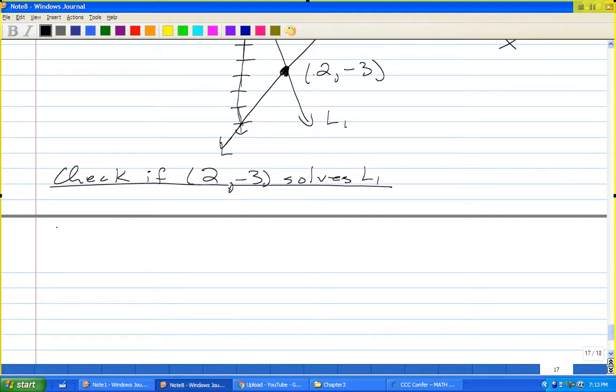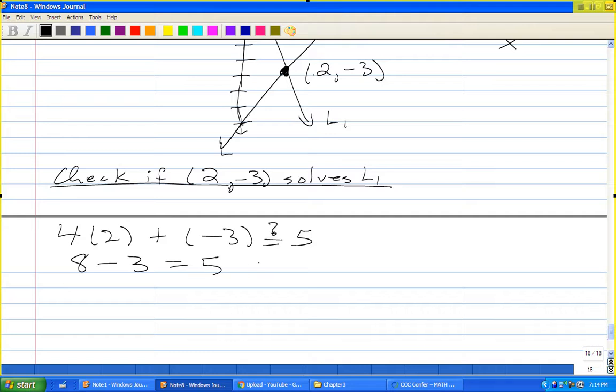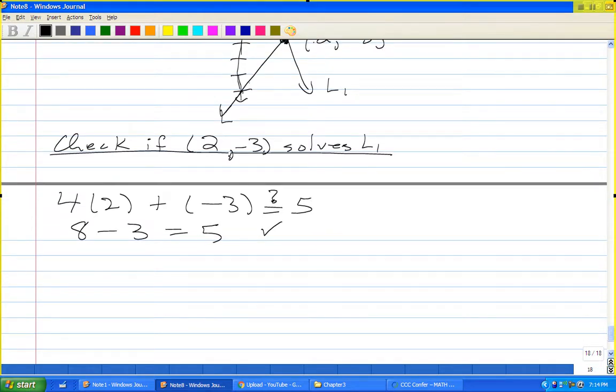And so is 4x plus y equal to 5? Is 8 minus 3 equal to 5? Yes. Next, let's check if 2, negative 3 solves the second line.